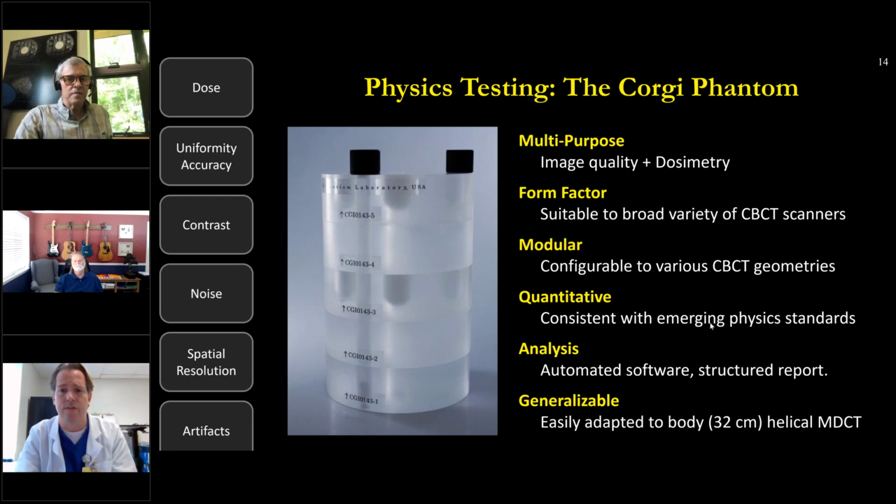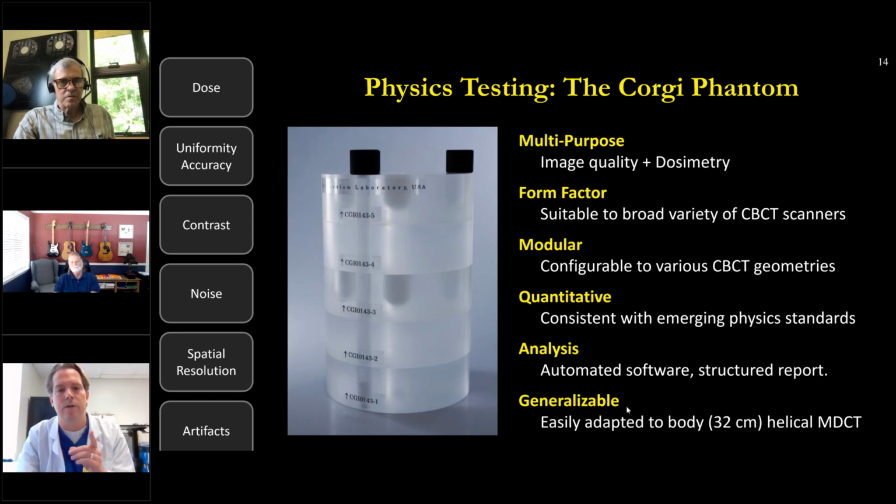It's quantitative. It's consistent with the physics metrics that John Boone described earlier. The analysis of images coming from the phantom is automated and generates a structured report. So it doesn't rely on a medical physicist in Excel or MATLAB or something like this. It's very streamlined software that we'll show in a moment.